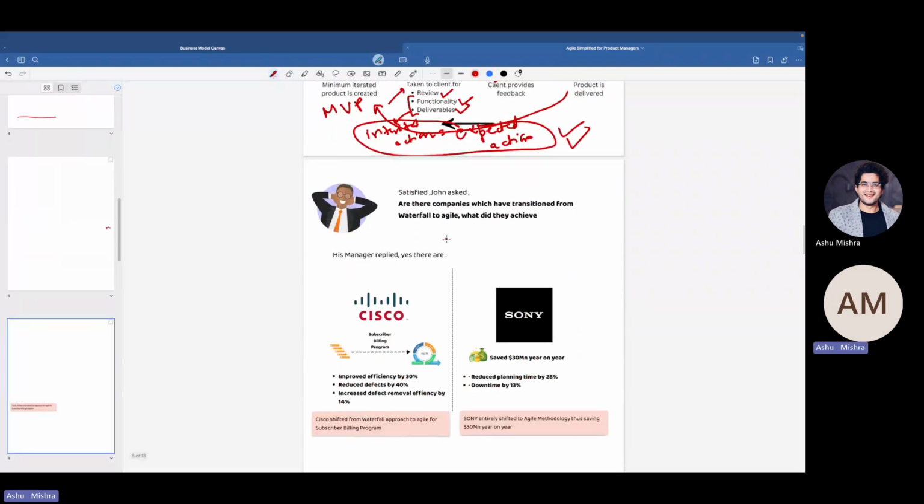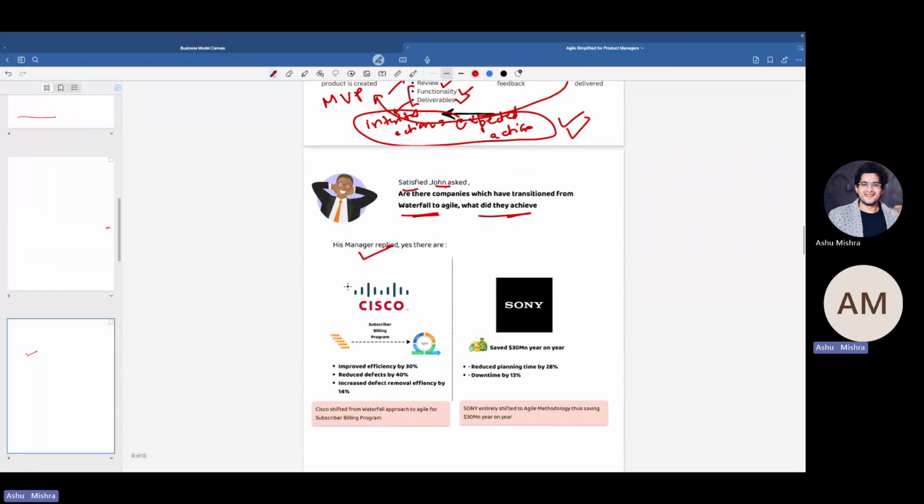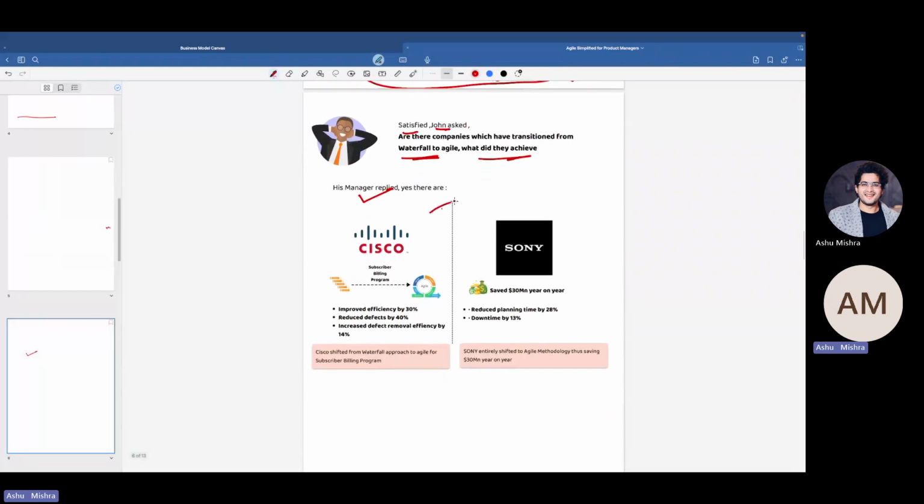Okay. So, satisfied, John also asked, are there any companies which have transitioned from waterfall to agile? And what did they achieve? His manager said, yes. So, in this scenario, his manager will talk about two companies which have transitioned from waterfall to agile.